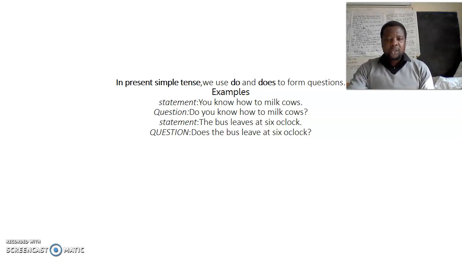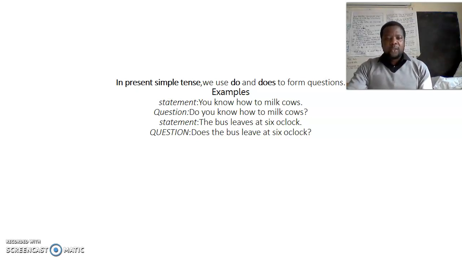When the statement does not have a helping verb or the modal auxiliary verb, then we introduce the do form. In the present simple tense, we introduce do and does. We use do and does to form questions for given statements.